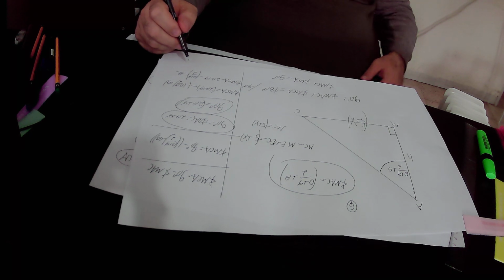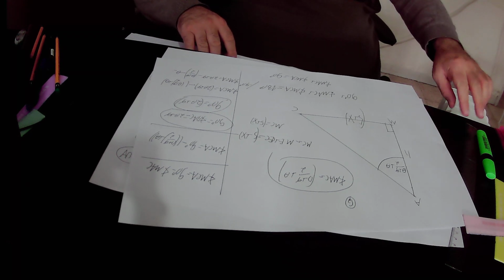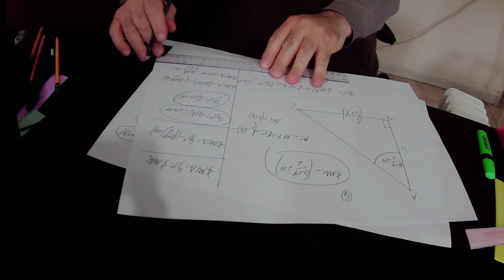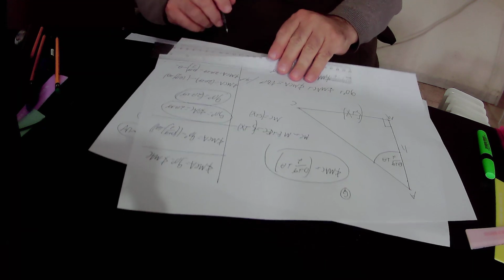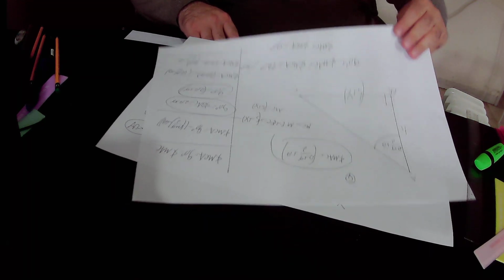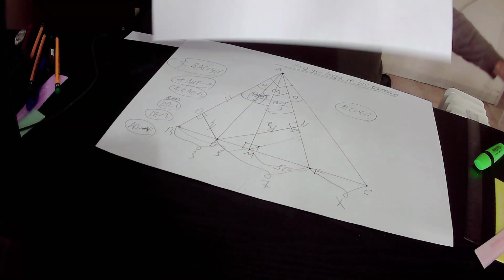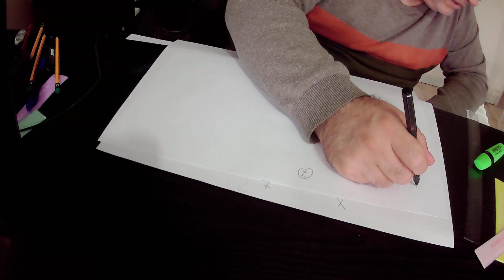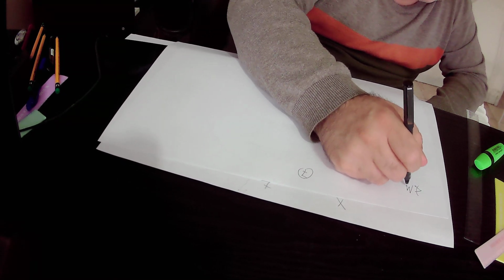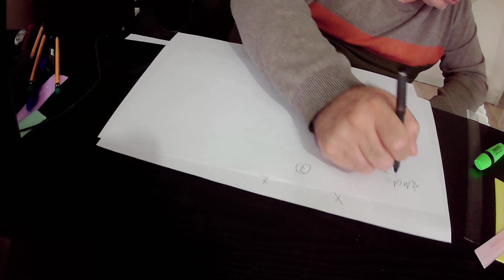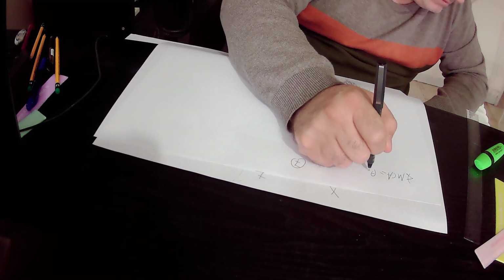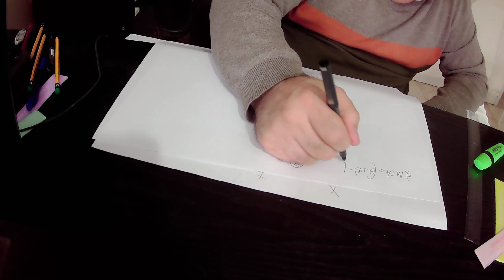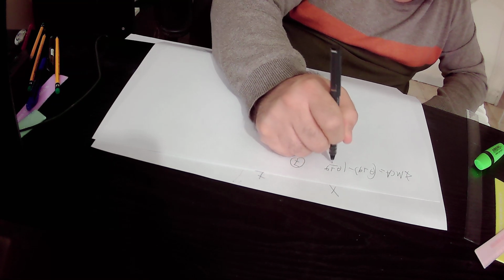So we found out that angle MCA, the angle that we are looking for, is equal to 2 theta minus theta, which is theta, plus alpha minus theta plus alpha over 2.